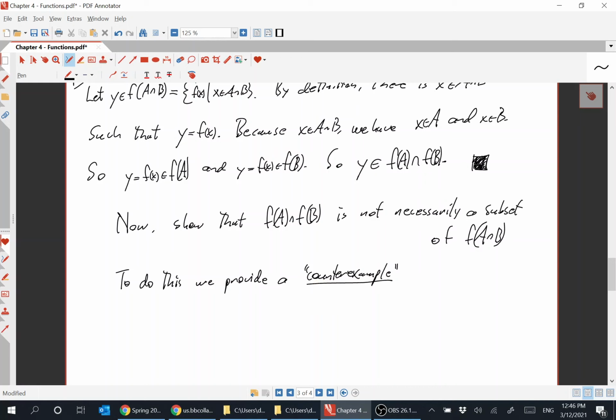A counterexample is an example that shows that a universally quantified statement is false. That's a counterexample. So we need some function f and some A and B such that f of A intersection f of B is not a subset of f of A intersection B. And this is actually easy to do.